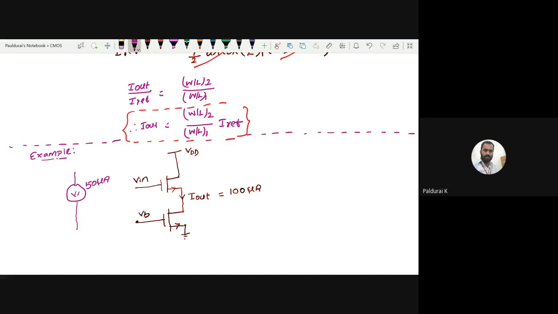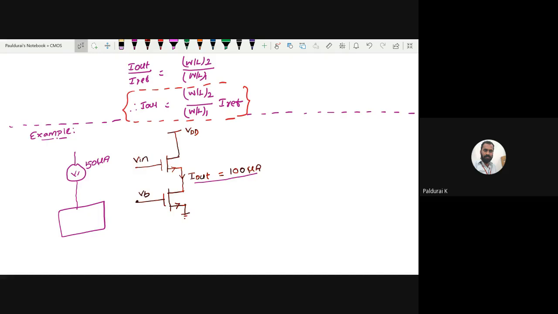Now, which circuit will you connect here in order to generate this 100 microampere? Now do one thing. First, I will play with 50 microampere. I'm having this golden current source, 50 microampere, here.